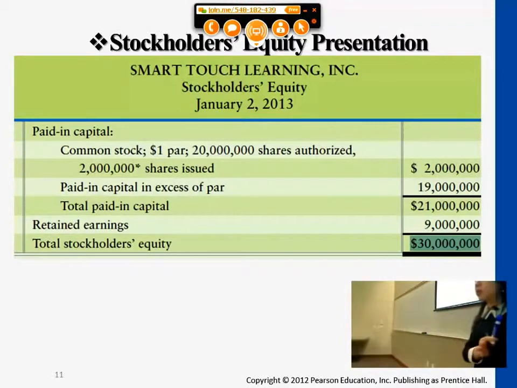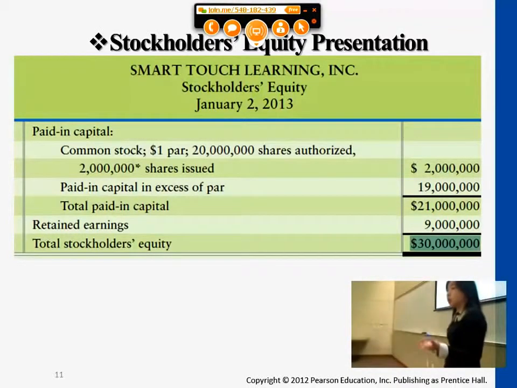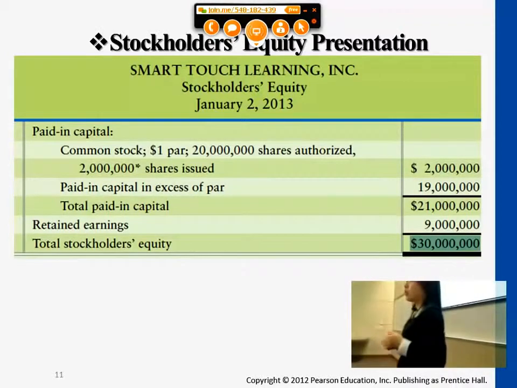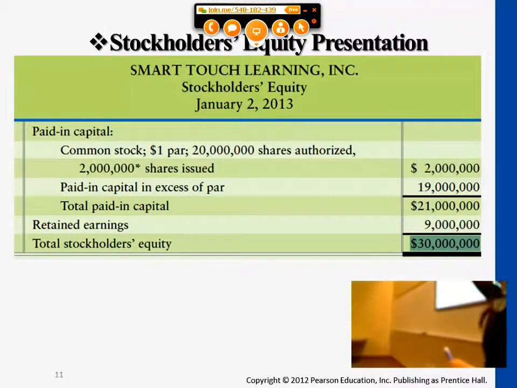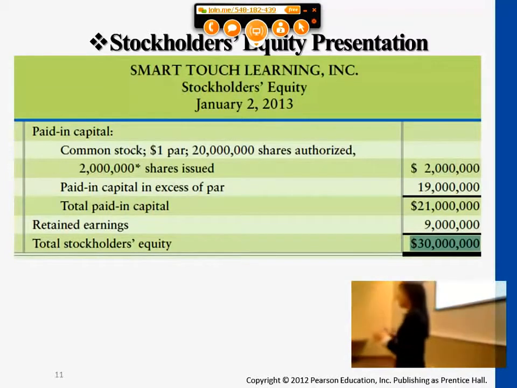When a company incorporates, the state will grant them the number of shares that they are able to issue, the threshold. So that's 20 million shares. And it tells you right now that they've only issued about 1/10 of it, 2 million shares. So the dollar amount there, 2 million, is based on those 2 million shares. They still have 18 million shares that they could additionally issue to the public.